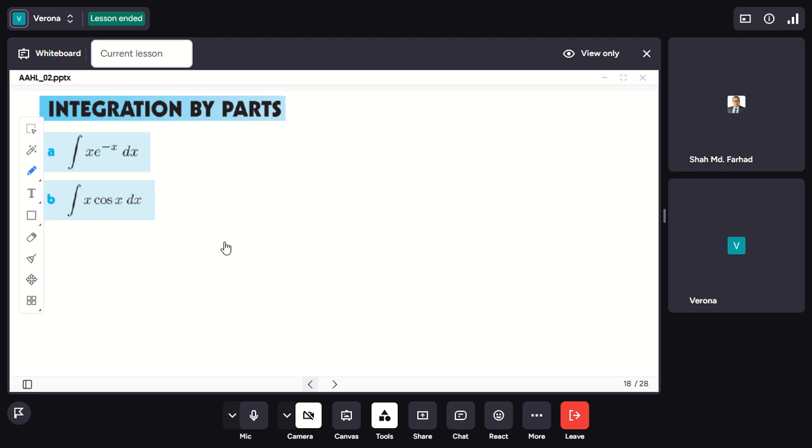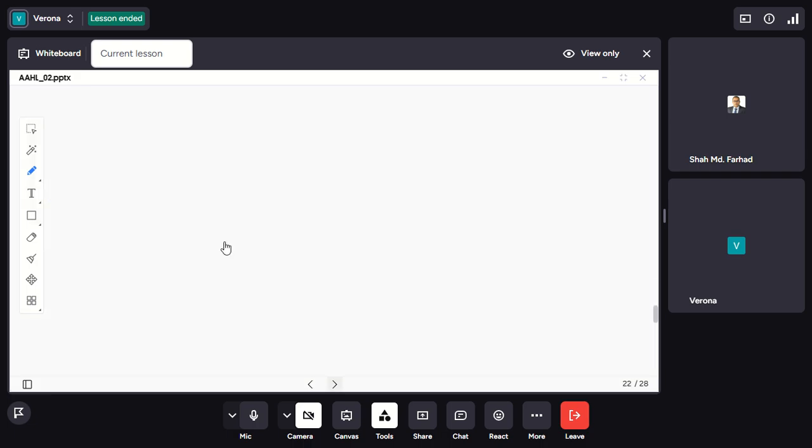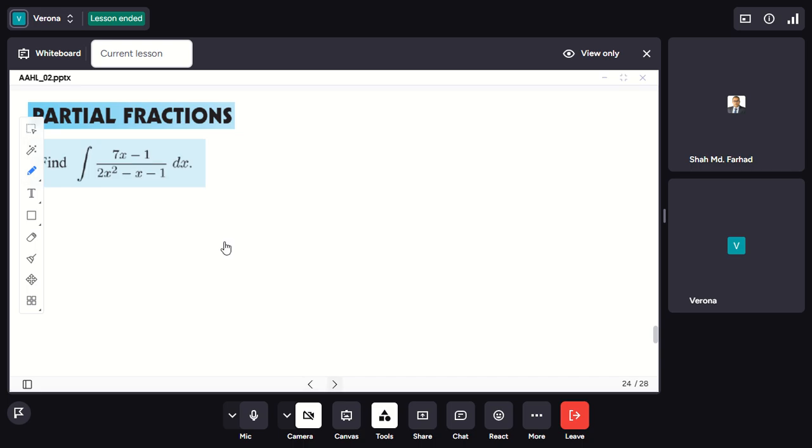And then after this, do you have any idea about partial fractions? Then we will move on to integration of partial fractions. So our sequence is next: in our next class, I will discuss integrating by parts, and then after that we will move to partial fractions.